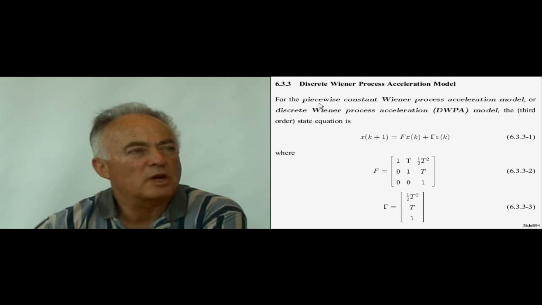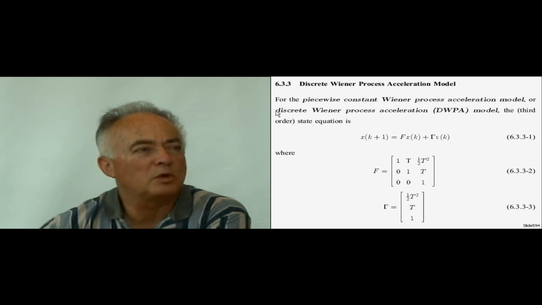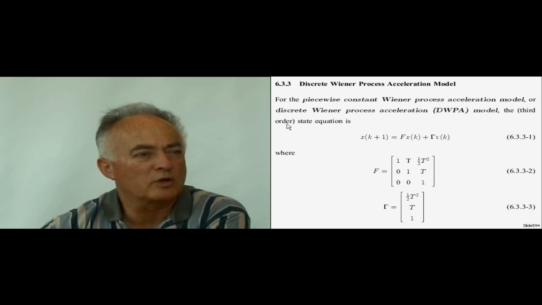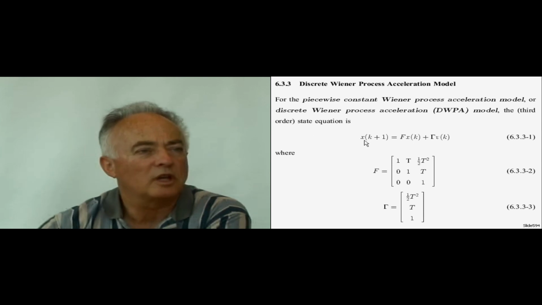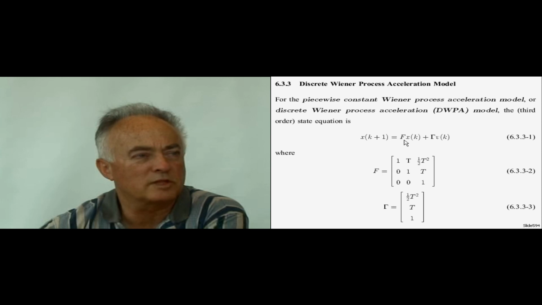For the piecewise constant Wiener process acceleration model, or DWPA, we have a third order state equation with components position, velocity, and acceleration. Again, the equation in matrix form looks exactly the same as before: x_{k+1} is F x_k plus gamma v_k, but now x will be a three-dimensional vector.